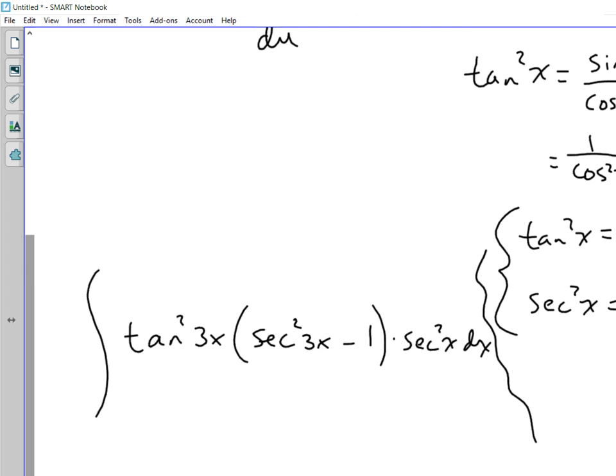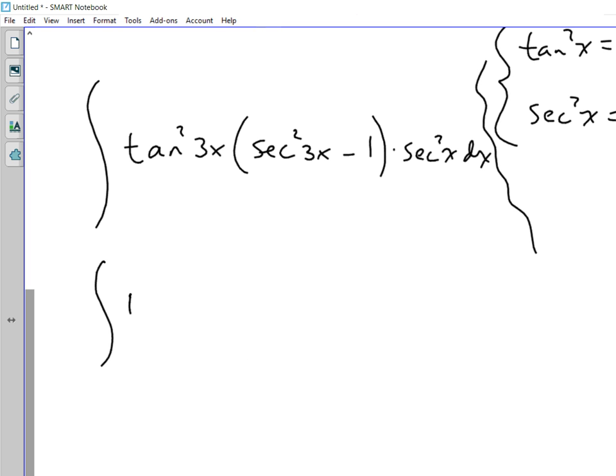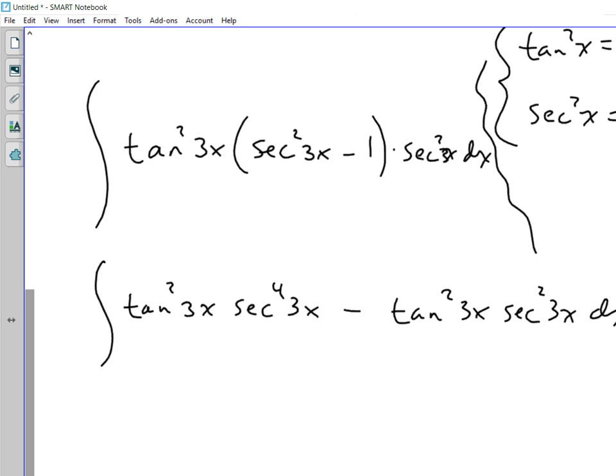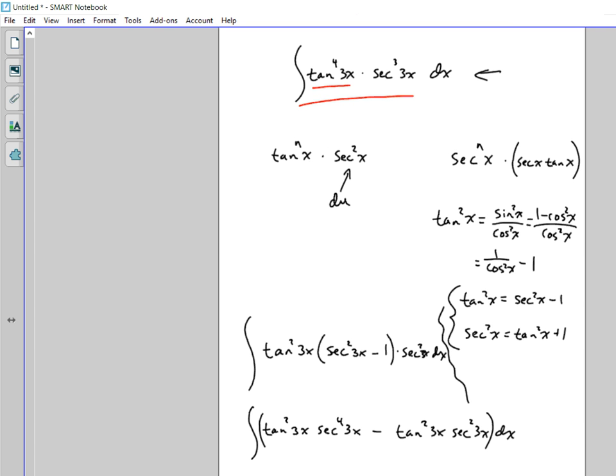So now let's simplify. So now are we in a better position?